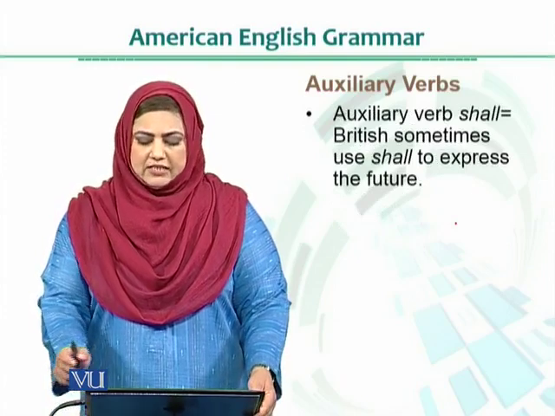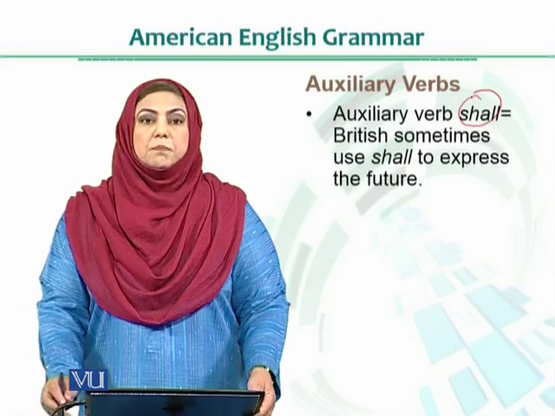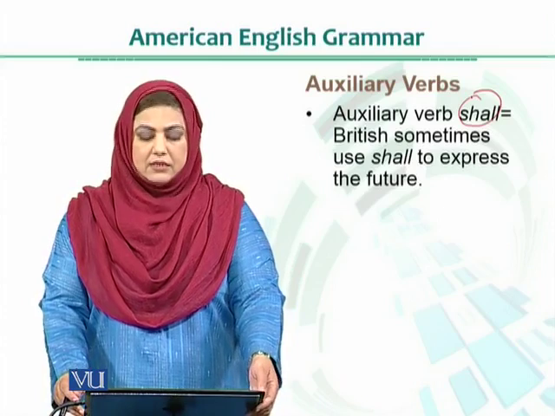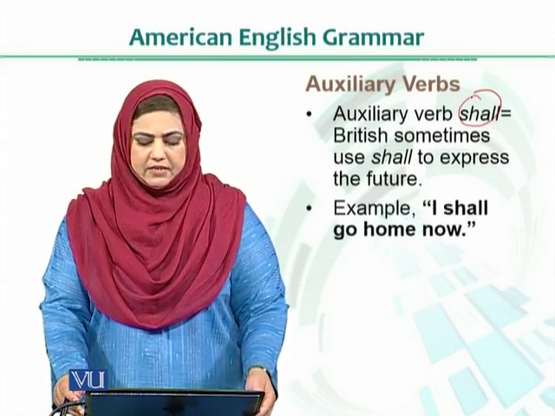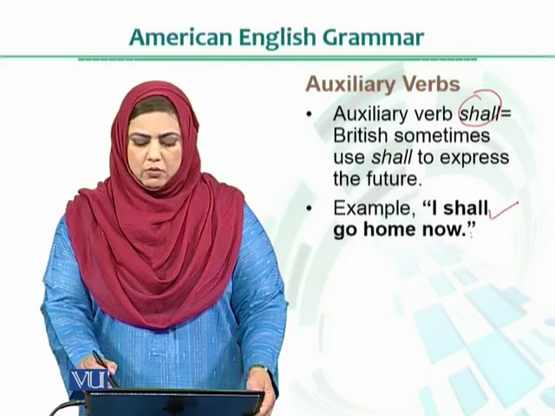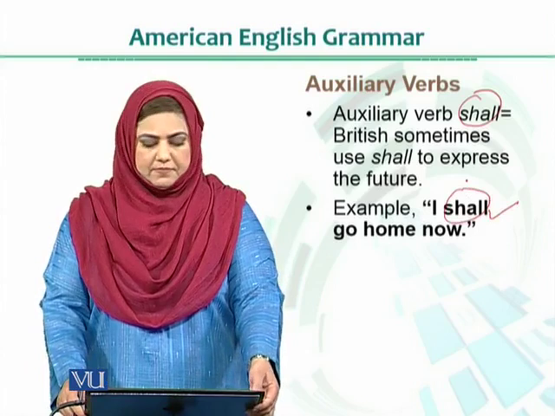I would give you the example of the auxiliary verb shall. British speakers sometimes use shall to express the future. For example, on the screen, I shall go home. Here the use of shall refers to the future.